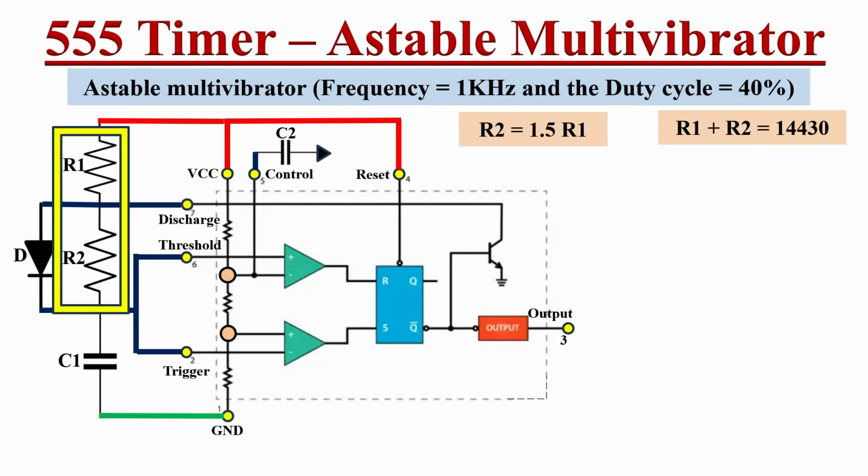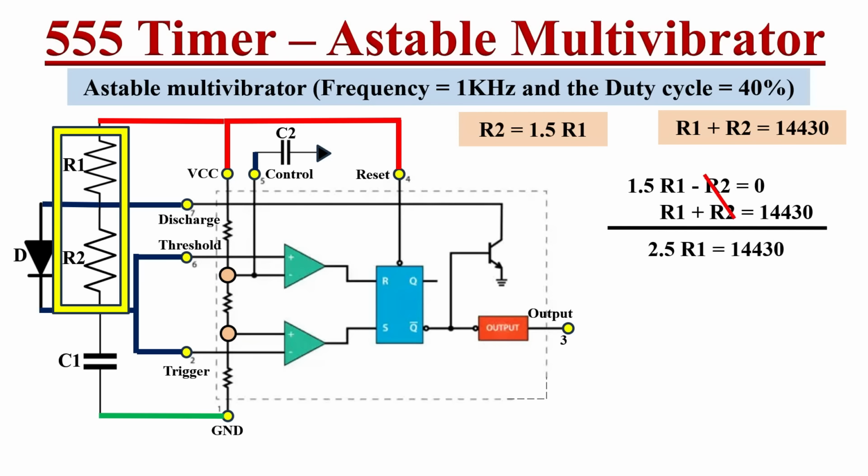We can write the first equation as 1.5 R1 minus R2 equals 0. Now let's add both these equations. Here we can cancel out minus R2 and plus R2 from both equations. Now we will get the value as 2.5 R1 equals 14,430. So R1 equals 14,430 divided by 2.5. That equals approximately 5.8 kilo ohm.